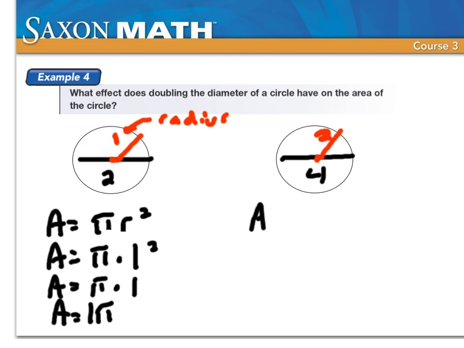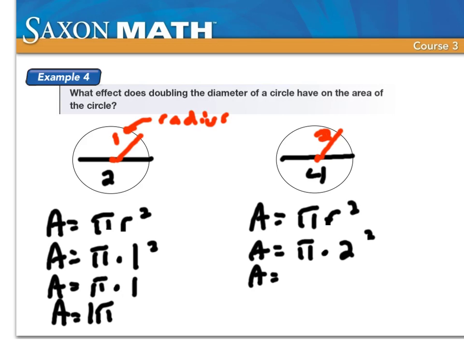Then over here, area equals pi times our radius squared. And our radius in this case was 2 because our diameter was 4. Do the exponent first, we get pi times 2 squared, which is 4. So my area equals 4 pi.